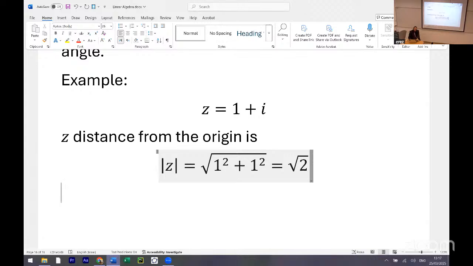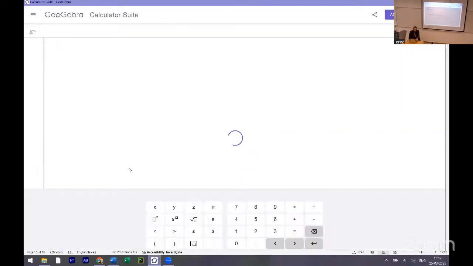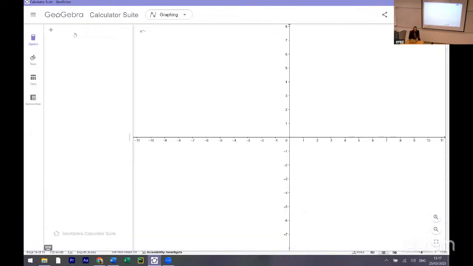Okay, in any case, that's the distance from the origin. Let's draw it so you see the angle quite easily. Later we will learn how to calculate it, but now I just wish for you to see it. So the point is 1, 1.